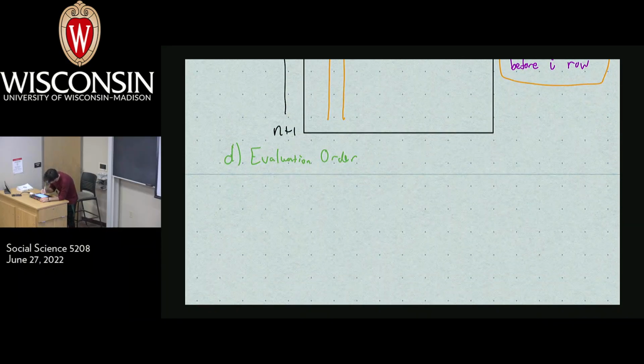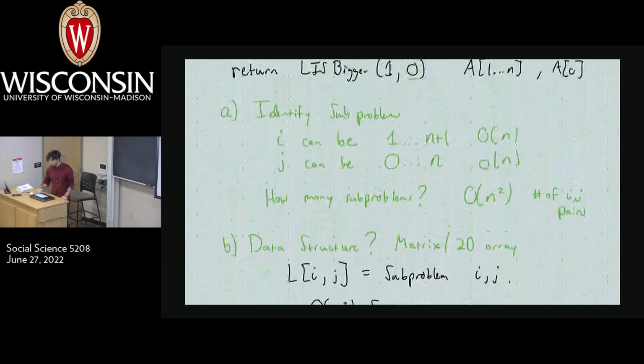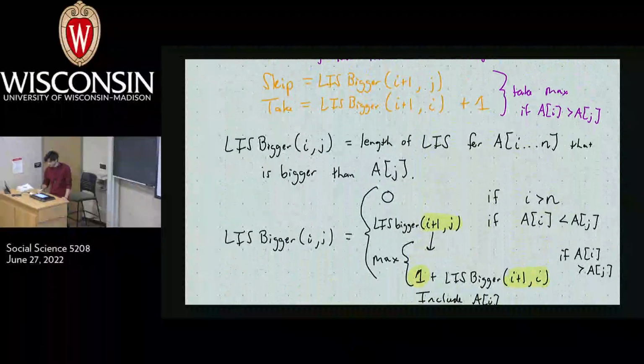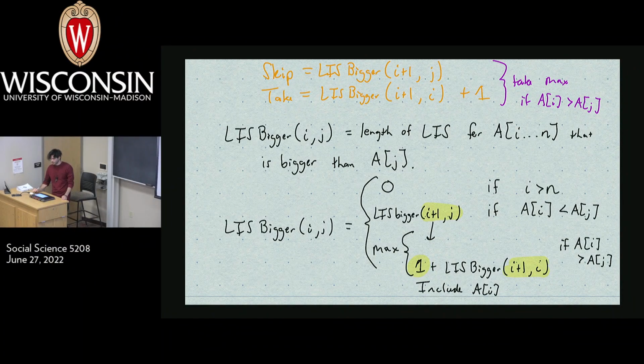Now the next one is runtime, space complexity. So what's the runtime? We know we have O of n squared subproblems. Now assuming we've already computed the recursive stuff, how long does it take to solve the ij subproblem?